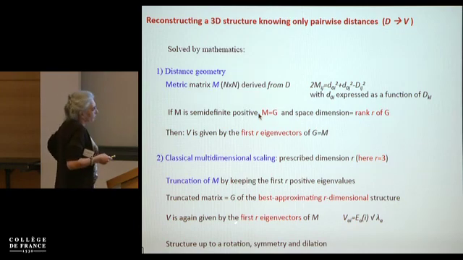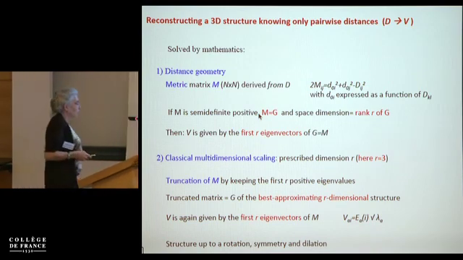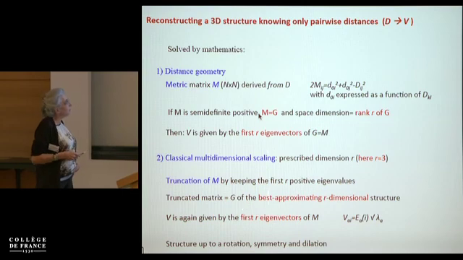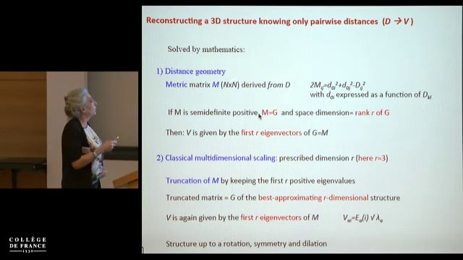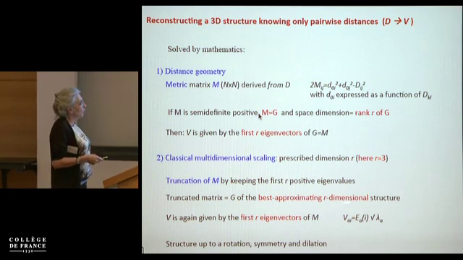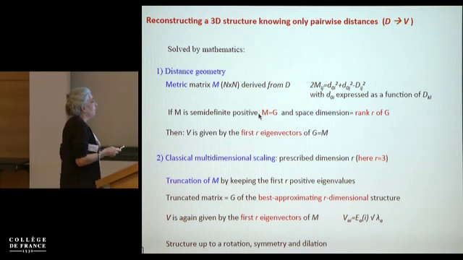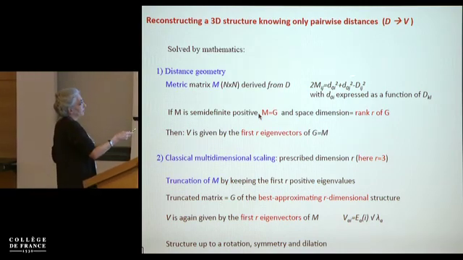With those two approaches coordinated, linked together, it is possible to reconstruct the structure up to a rotation, symmetry, and dilation. So you pass from the distance matrix to the coordinates just by diagonalizing this matrix.